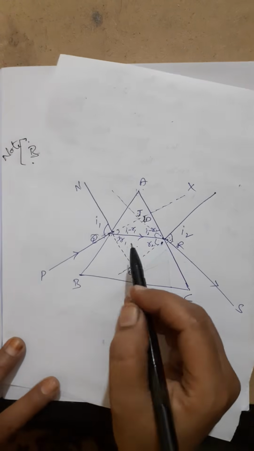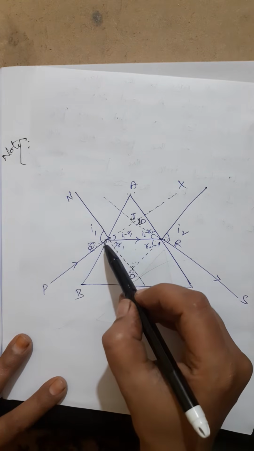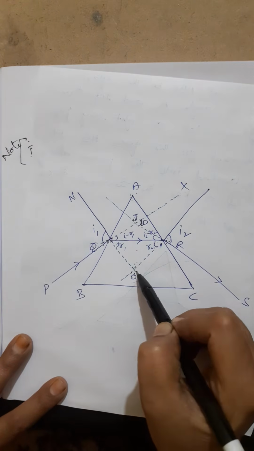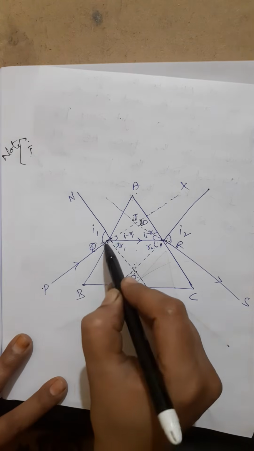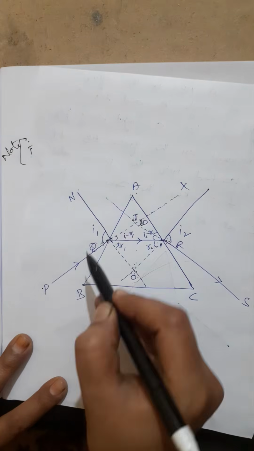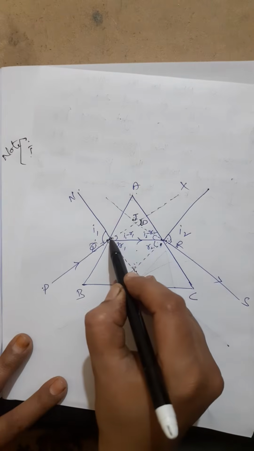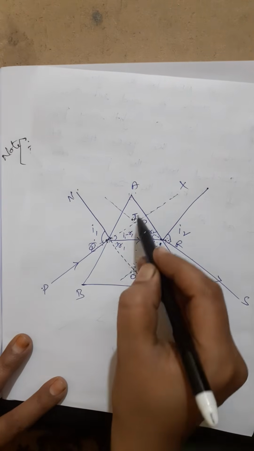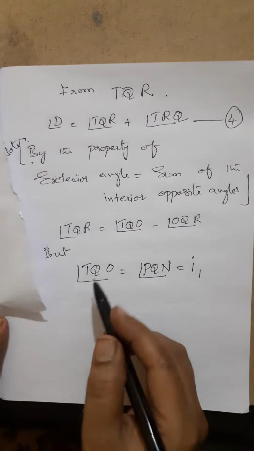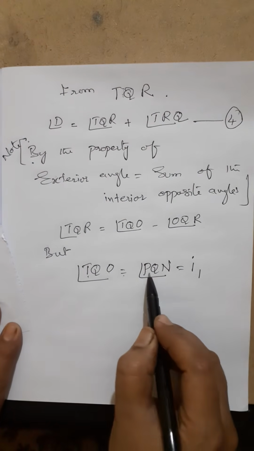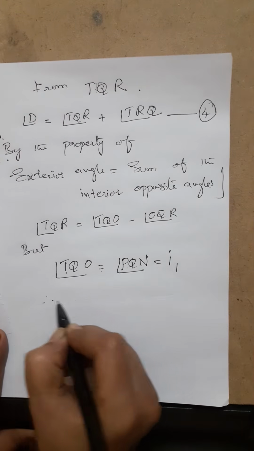Here, TQO is equal to PQN, and the value of this PQN is equal to I1, and this TQO and PQN are both equal. So that's why we can write TQO is equal to PQN is equal to I1.